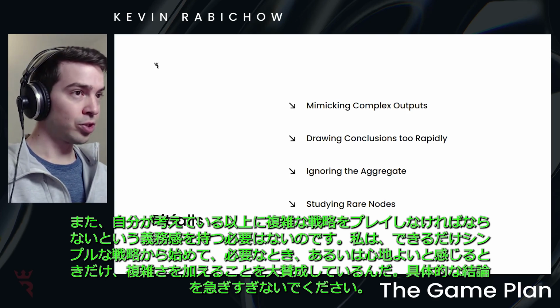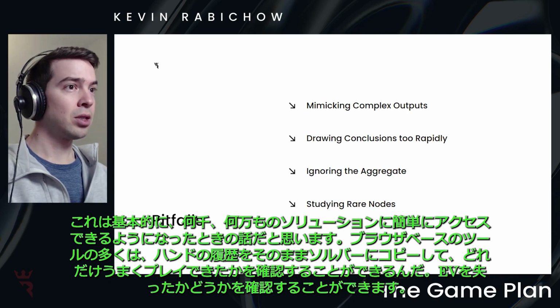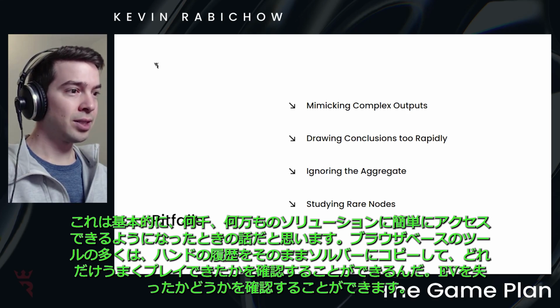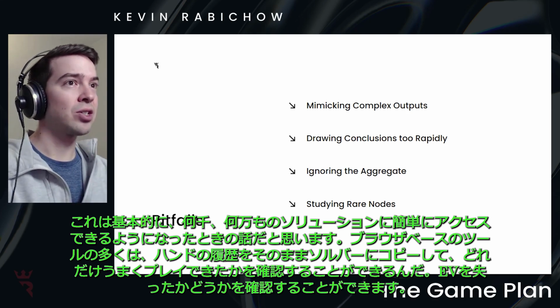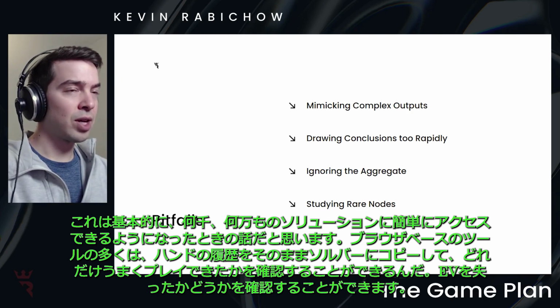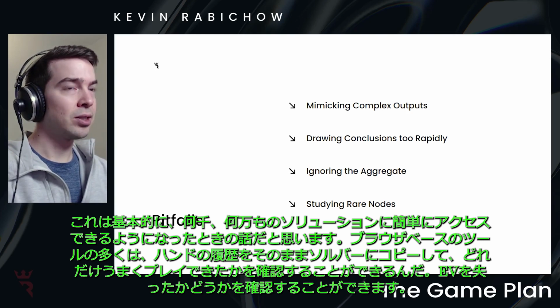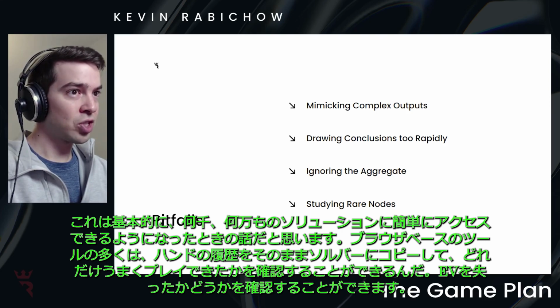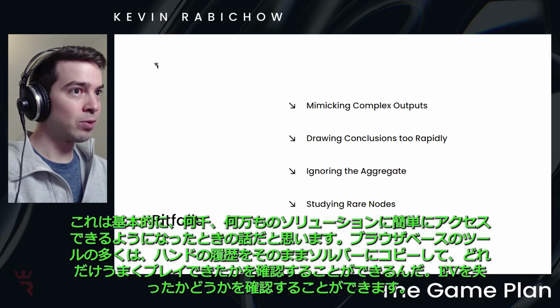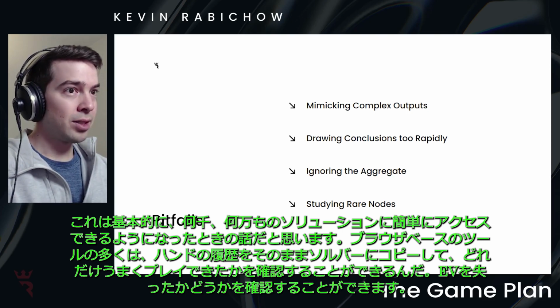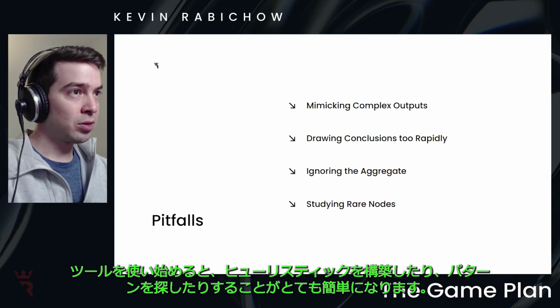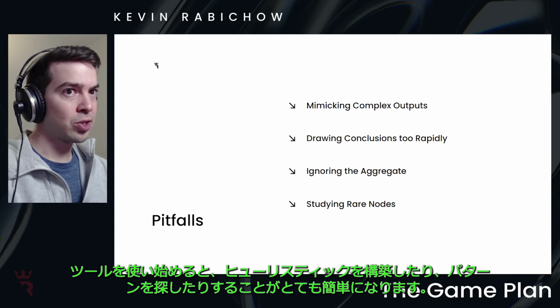Now, drawing conclusions too rapidly. I think that when we have access to thousands, tens of thousands of solutions quite easily, and a lot of the browser-based tools let you copy a hand history straight into the solver and just see how well you played it, see if you lost any EV, it's very easy to start building heuristics and to seek patterns at the onset of using those tools.